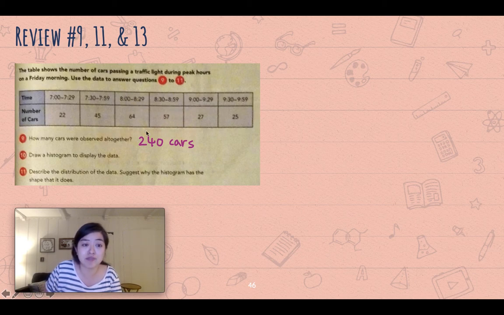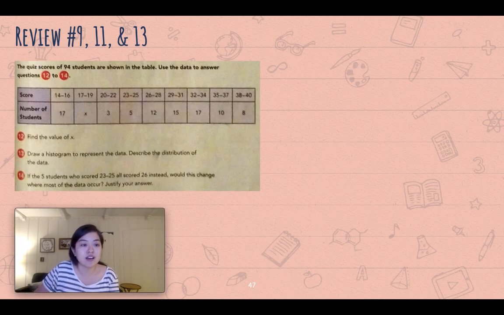All right. And then it kind of tapers off later on between 9 to 9:29, 9:30 to 9:59, right? There's less. And also, really early in the morning, 7 to 7:29, there are fewer folks who actually are driving. Yeah, so that's probably why the histogram has the shape that it does.